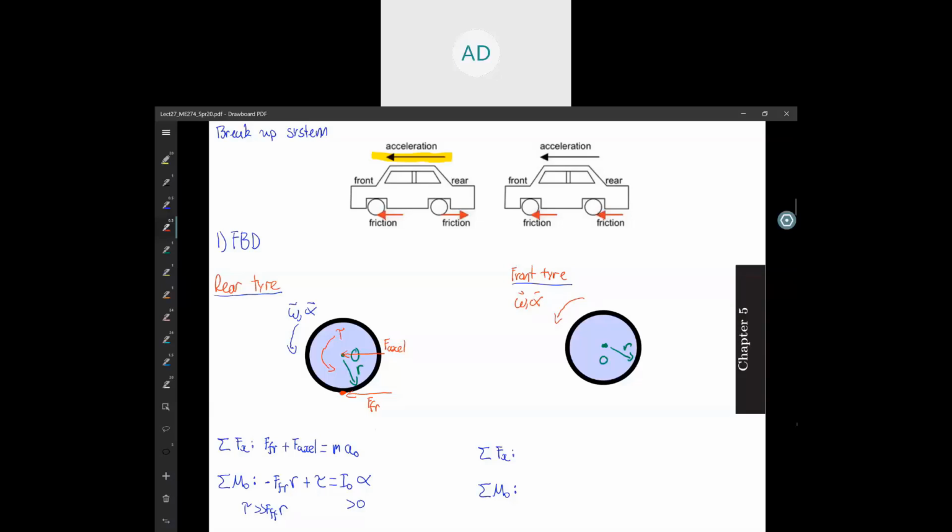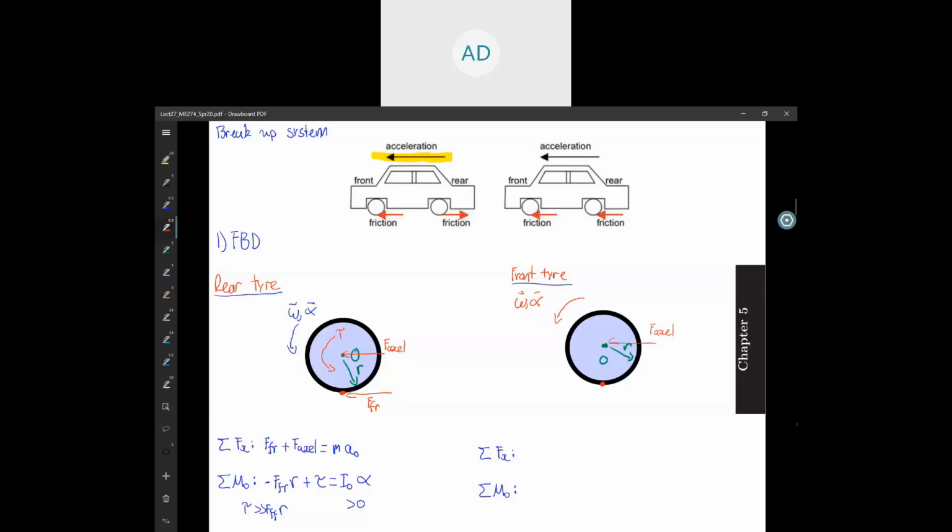So which forces are acting in the x direction on the front tire? Well, we have again the force from the axle acting on the wheel. And now we need to consider carefully what is the direction of the friction force.